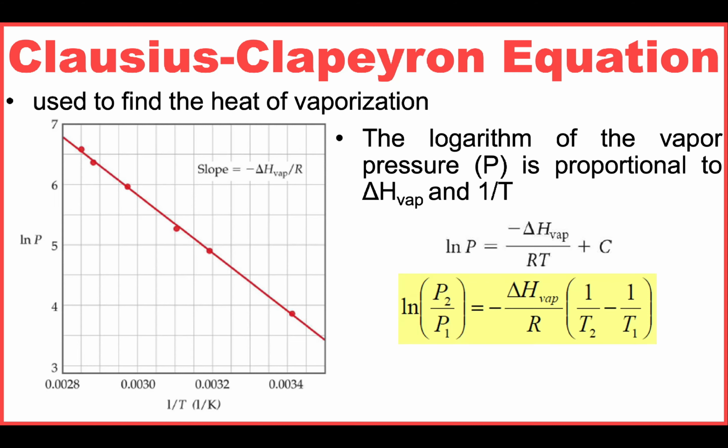The natural logarithm of P2 over P1 is equal to the negative molar heat of vaporization over R, which is a constant, multiplied by the difference of 1 over T2 minus 1 over T1. Some books might use this form, which gives you the same answer, but the only difference is that here it's P1 over P2 and you don't have the negative sign. I will leave further discussion of this topic to your higher chemistry, as well as the solving part.